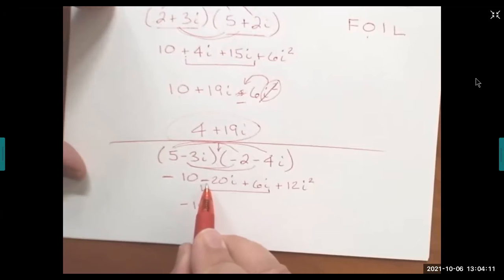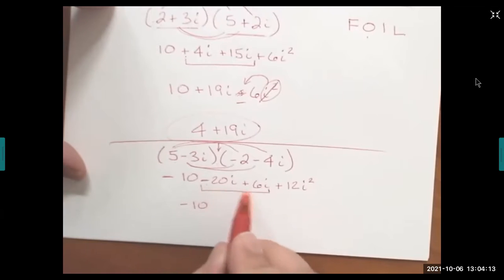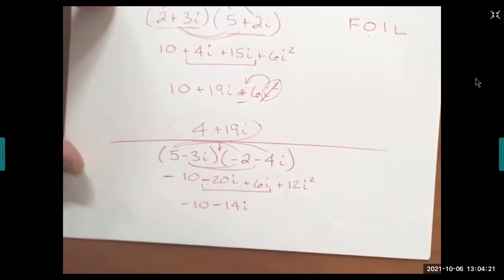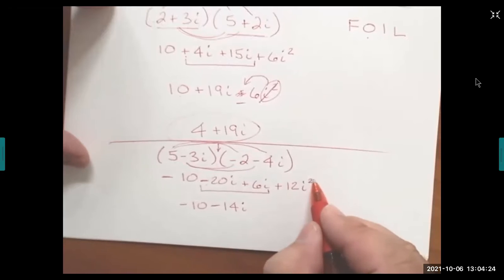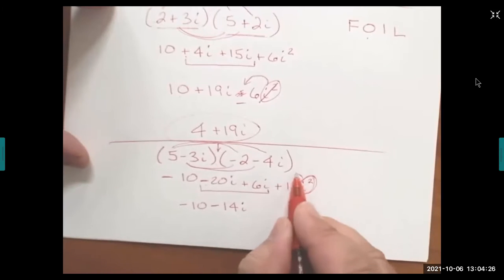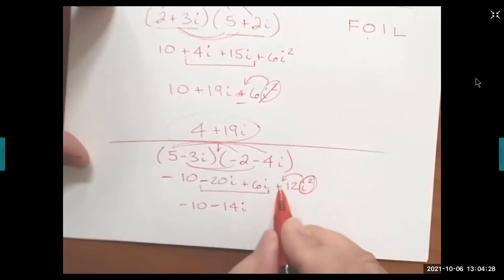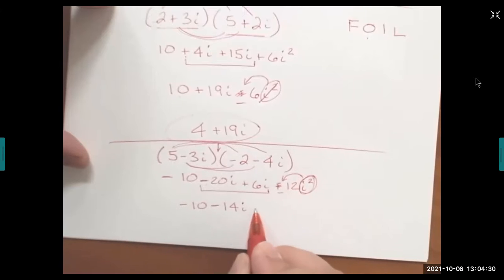Combine like terms, negative 20 plus 6, they're different signs. So take the sign of the larger, which is minus, and subtract them. 20 minus 6 is 14. This i squared changes that to a minus, so it's a minus 12.